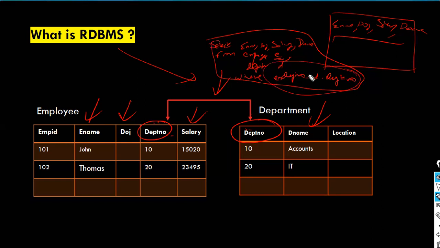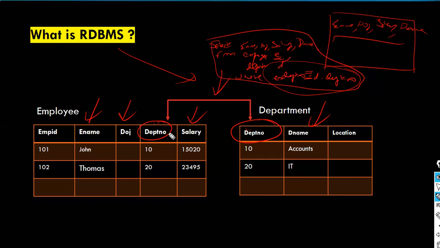joining condition. But before you use this joining condition, at the table level we also use some clauses. We have something called a foreign key. The depart number foreign key references the depart number column from your department table. That's how we need to define it while you create the table. That we will see later.